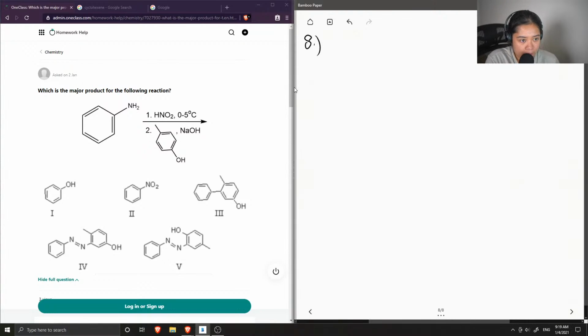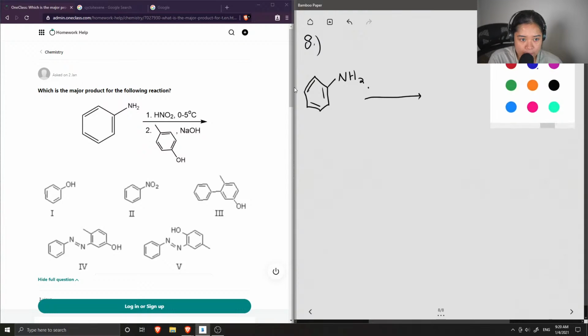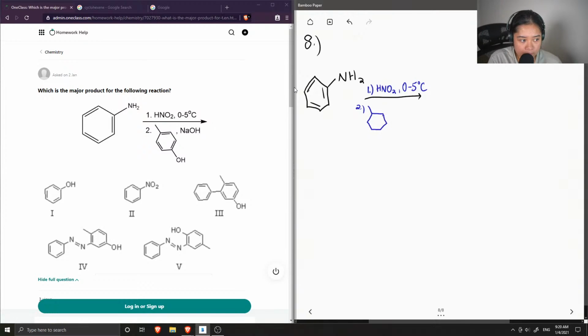So they have an aminobenzene that reacts with nitrous acid, HNO2, at 0 to 5 degrees Celsius, and another aromatic group, and sodium hydroxide.